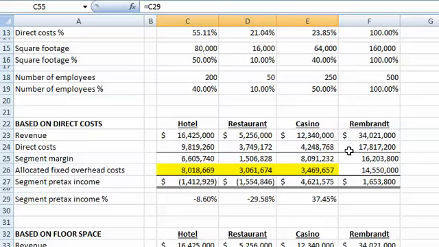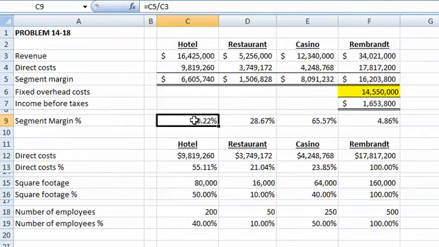So let's use our segment margins before we allocate overhead to evaluate our managers. We wouldn't want to say the casino is doing a better job than the hotel. What we would want to do is create metrics where we would look at the segment margin from the hotel on a year-to-year basis and expect our manager to improve the segment margin percentage.